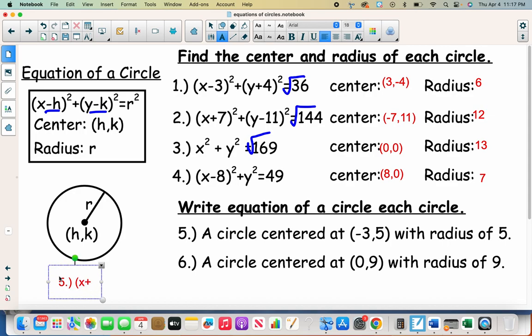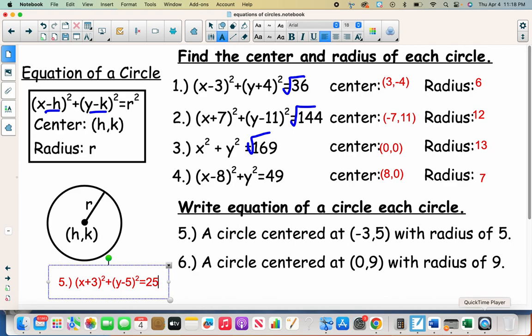Remember, it's opposite, so it becomes x plus 3 squared plus y, and the 5 is positive, so it's going to become minus 5 squared equals, and then the radius is 5, so we have to square that. What is 5 squared? It's 25.